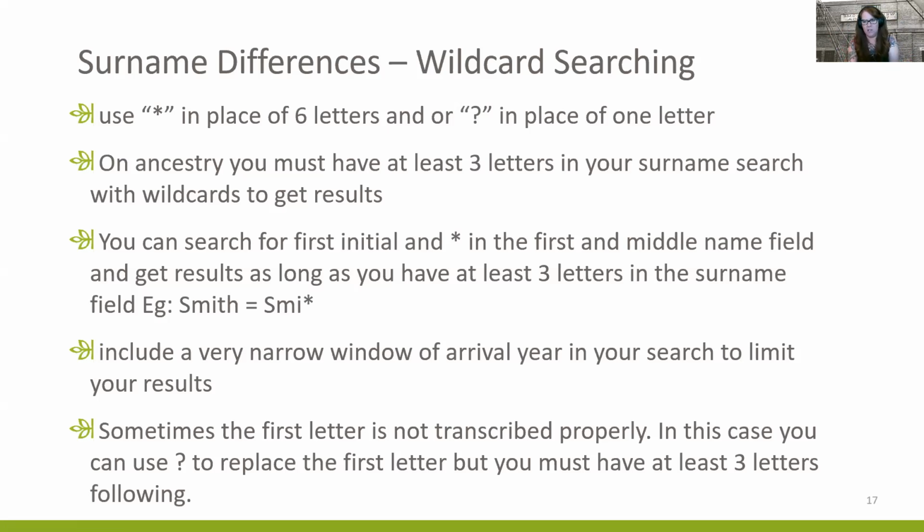And when you're researching like this, you really want to have a narrow window of arrival in your first searches. So hopefully when you went through the information gathering process, you were able to determine a really tight time frame that they came. And then of course, expand it because it might not be right, but try a really narrow arrival.